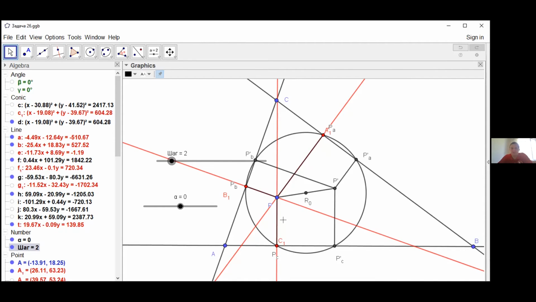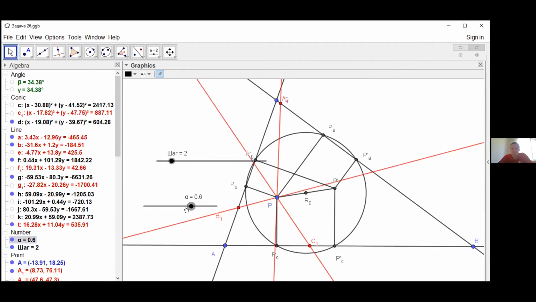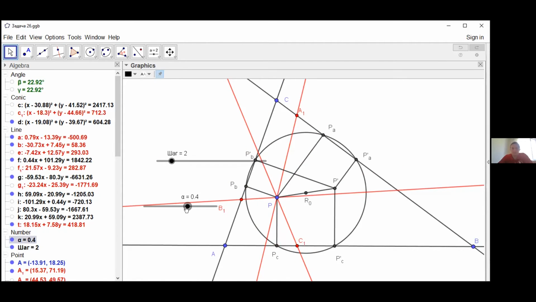Initially, these red lines are perpendicular to the sidelines of the triangle and pass through P. And now rotate these lines with equal angular speed, and as points of intersection with sidelines, we obtain these three points like A1, B1, and C1.